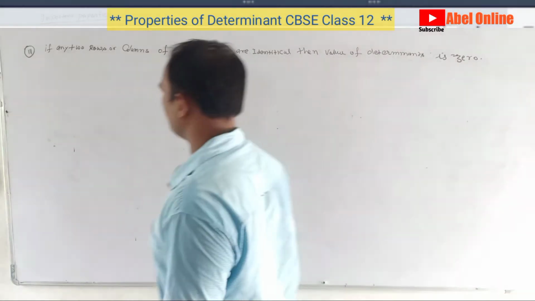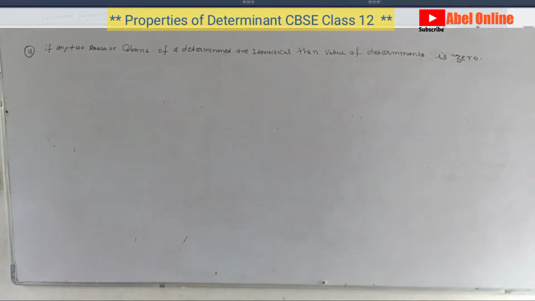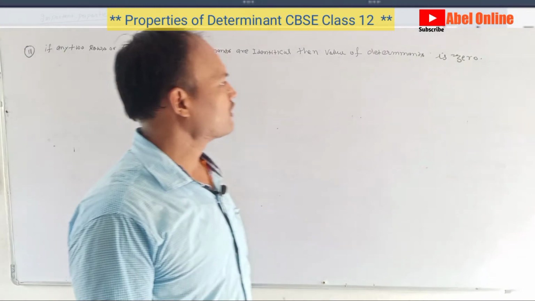So this is your third property. If any two rows or columns of a determinant are identical, then the value of the determinant is 0.